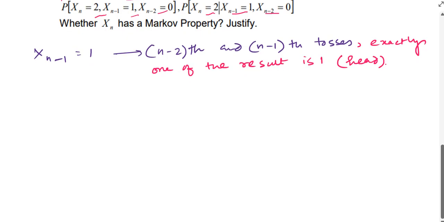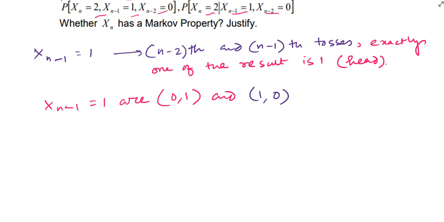So the combinations that give xn minus 1 equals 1 are 0 1 and 1 0.